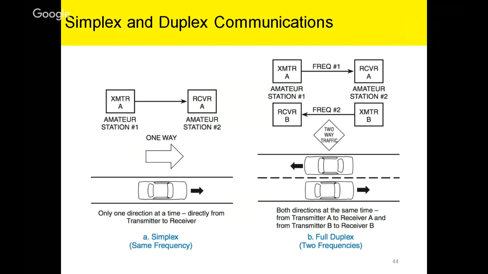In a repeater situation, it's kind of like a duplex frequency. It's a split frequency, and typically for 2 meters, it's 600 kilohertz. For UHF, 5 megahertz is the split. So you have one frequency that you transmit on.